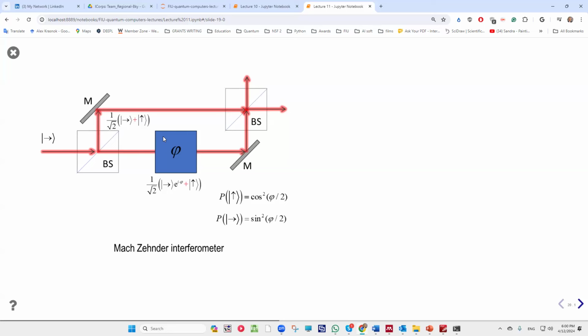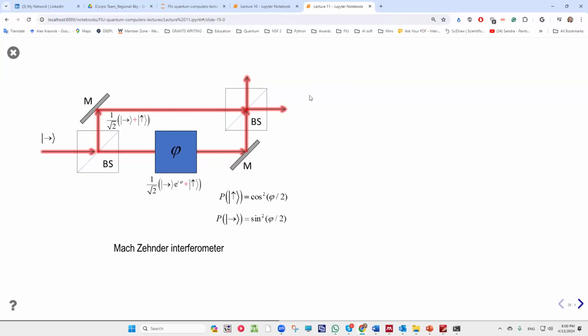Okay. Then we can put some sort of a phase shifter. Again, this is just a piece of dielectric where the photon propagates an additional distance compared to the upper state. Okay, and then using another mirror here and using the second beam splitter, we make the photon interfere with itself.